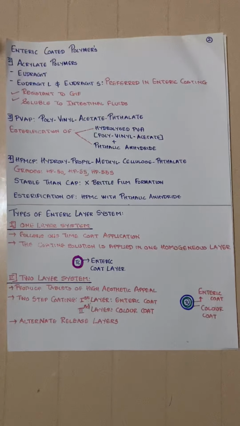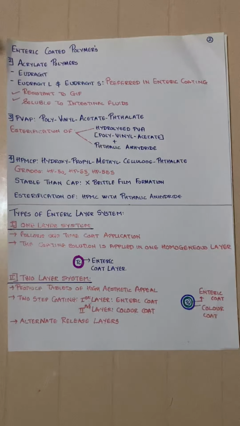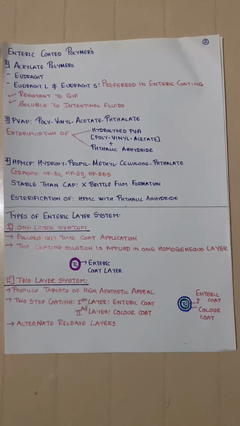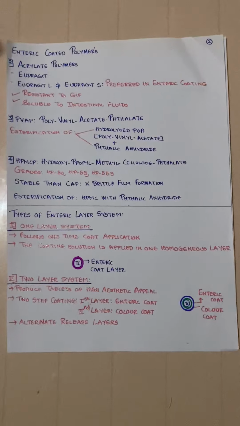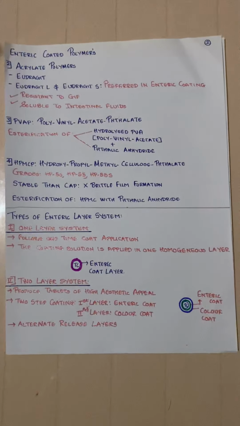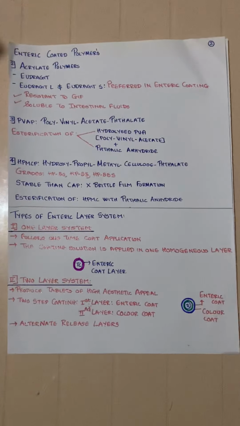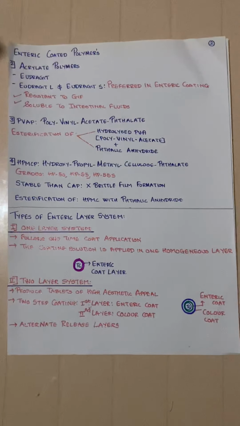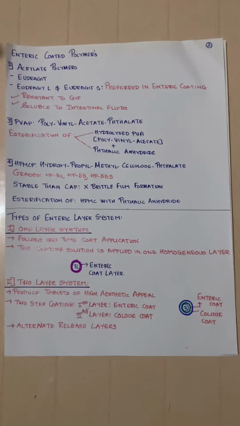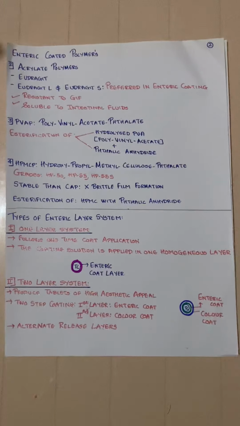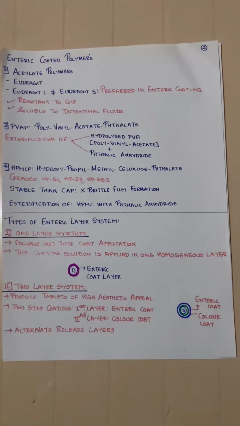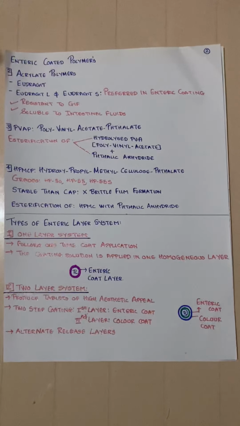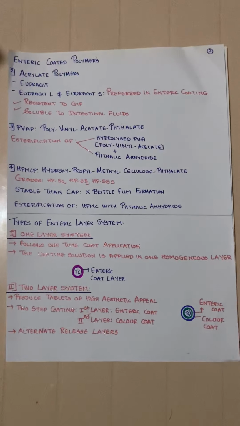The second type is called the two layer system. In the two layer system, the tablet core is coated twice, either to produce elegance to the tablet or to produce a desired release profile. So the first layer could be the enteric coated layer and the second layer could be a color coat, as shown in the figure.